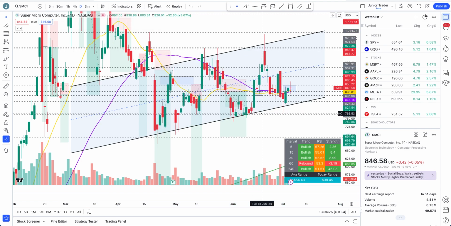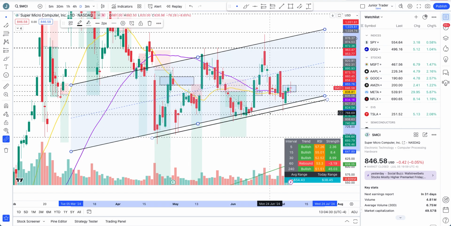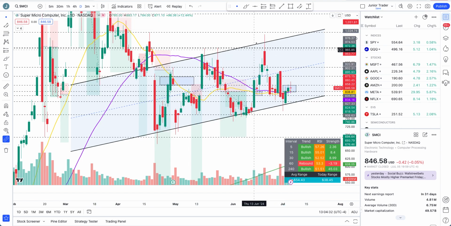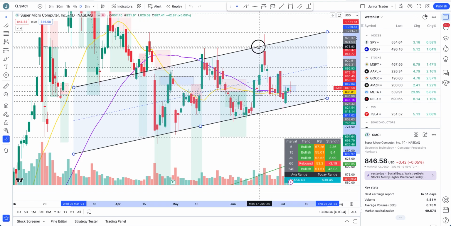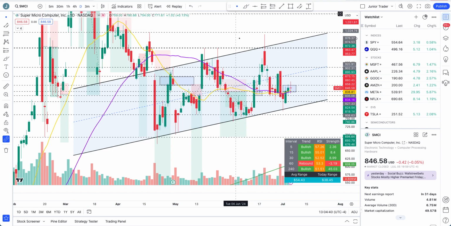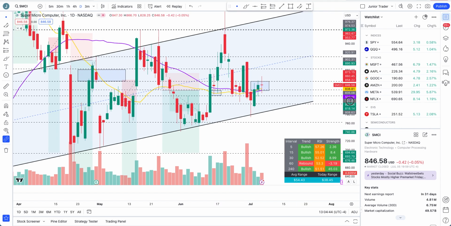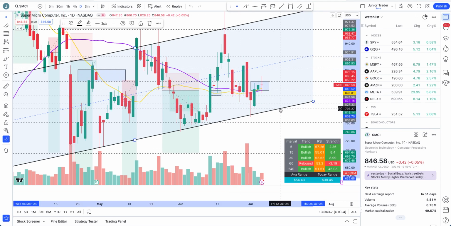I'm just going to get rid of that previous line. I just wanted to surface this channel to your attention so that you are aware that it's what price is following as well. But let's get back to the simplicity of the trading.